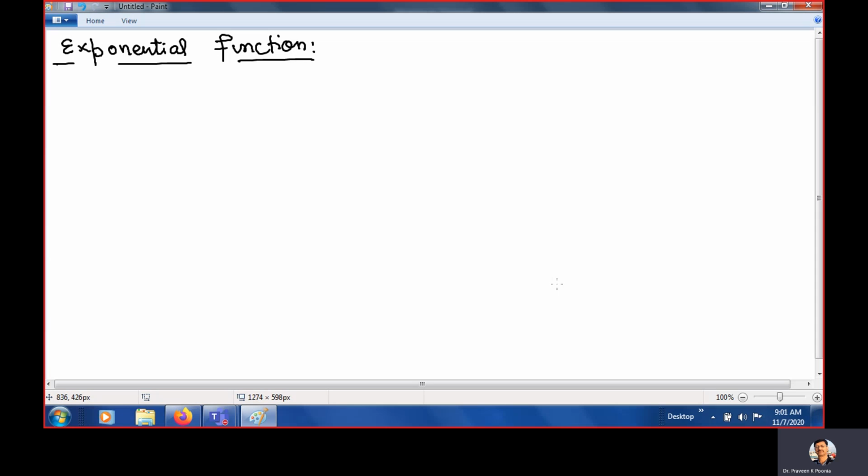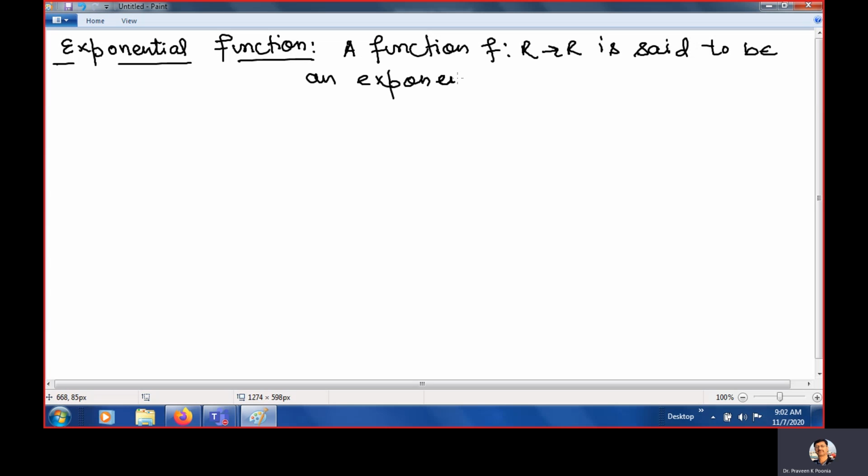So question number 1 comes to our mind. What is an exponential function? A function f from R to R is said to be an exponential function if f(x) = a^x. Clear?